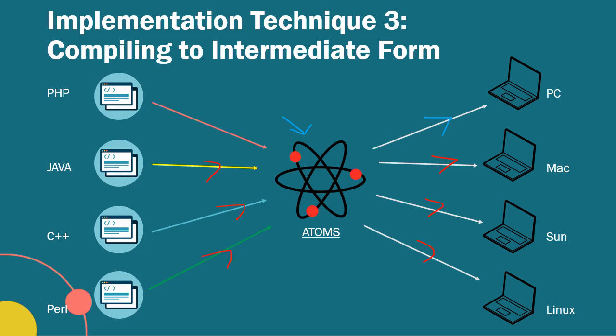So you can have a compilation of languages for all of these machines without having to develop 16 different compilers, as long as you are using these 2 compilers together. So for example, if you want to compile from Java to Macintosh, you would use the Java to Atom compiler and Atom to Macintosh compiler. By using this way, you only have to develop in total just 8 different compilers, much fewer than the 16 different compilers in the previous scenario.